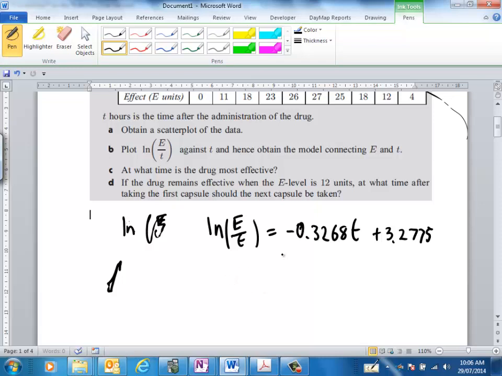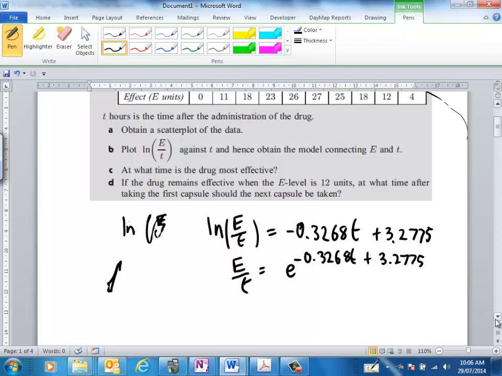Now I need to simplify this in terms of trying to get it as E and some function of T. So what I need to do is bring these all to the power of e. If I do that, I'll get E over T is equal to e to the negative 0.3268T plus 3.2775.